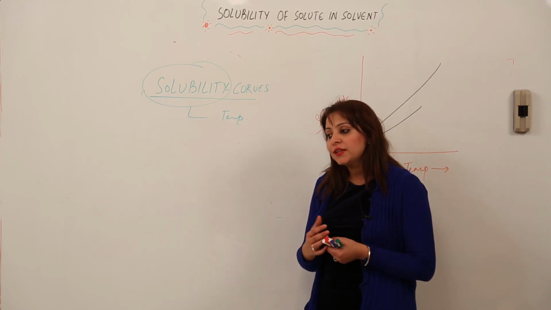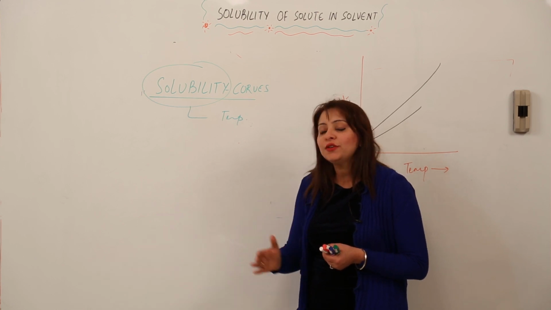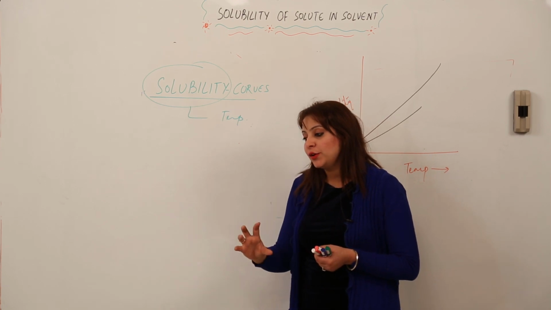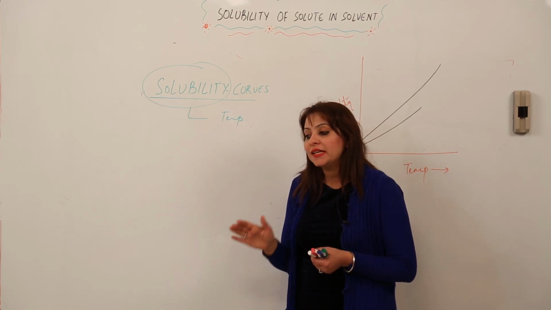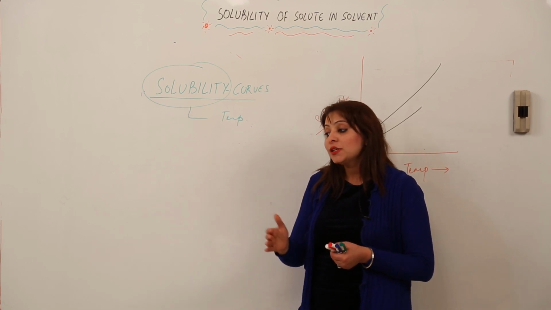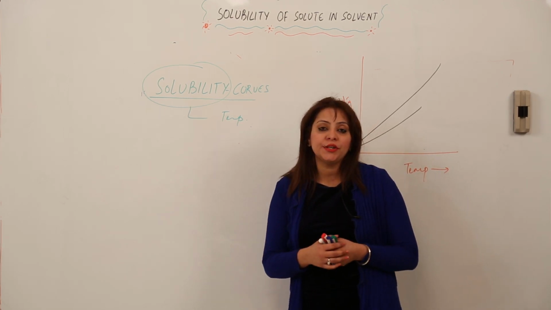But when we heat it, what happens? It dissolves the solute more than its saturation level, right? So the hot saturated solution contains the solute dissolved in it more than its saturation level. But what happens when I cool that hot saturated solution?